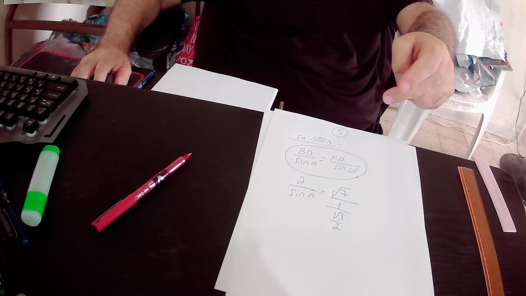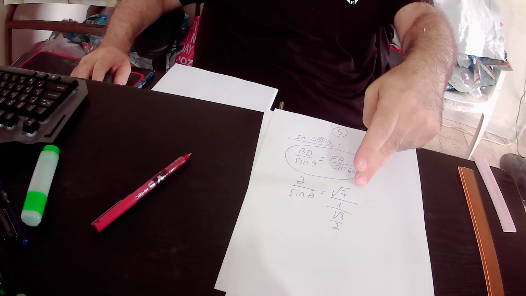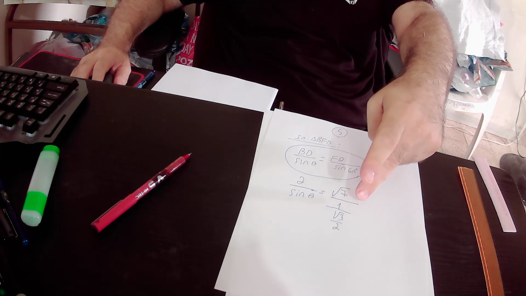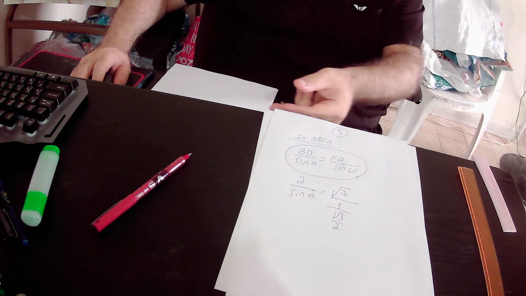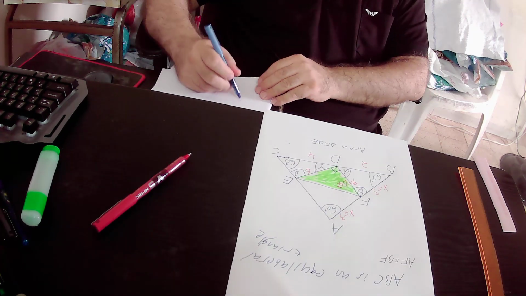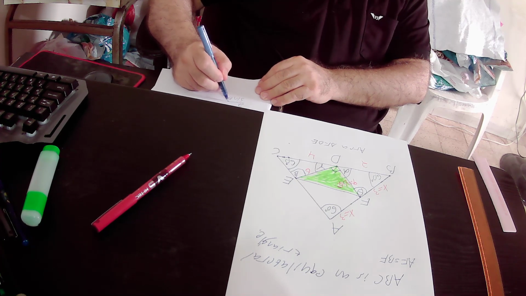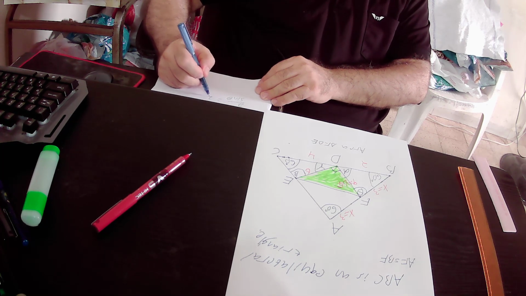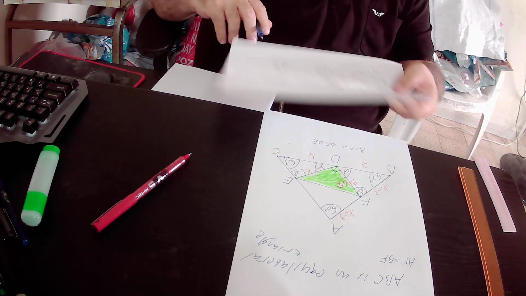Here we can put 2 in the numerator and root of 3 in the denominator of this expression. Okay, we will get 2 over sinus theta equals 2 times root of 7 over root of 3.